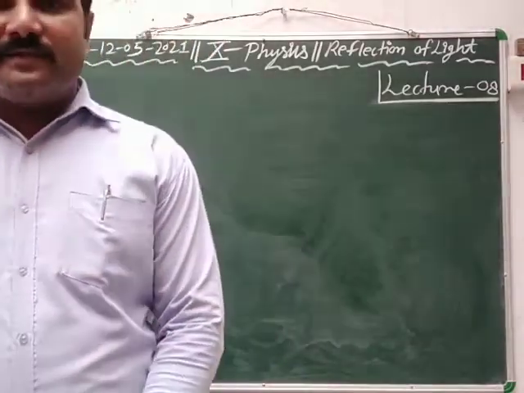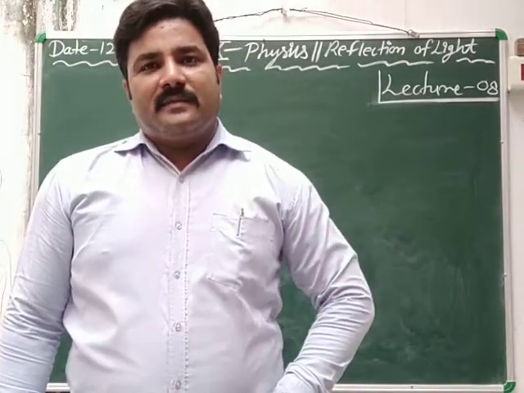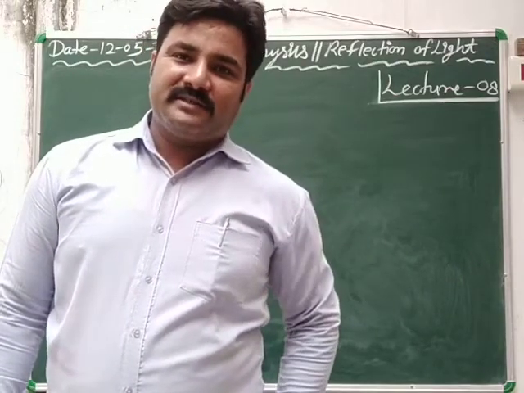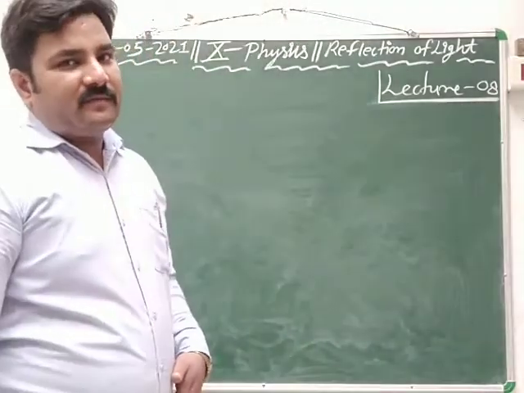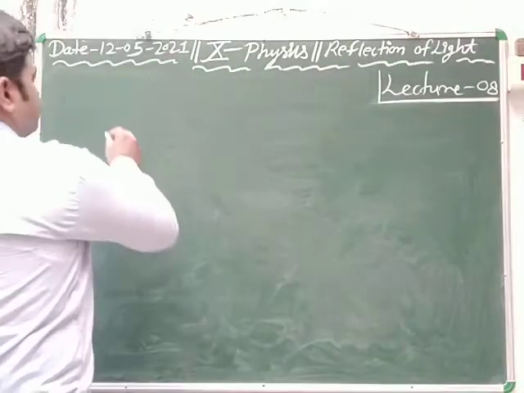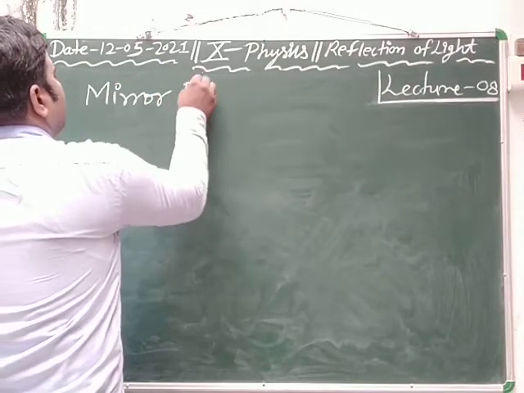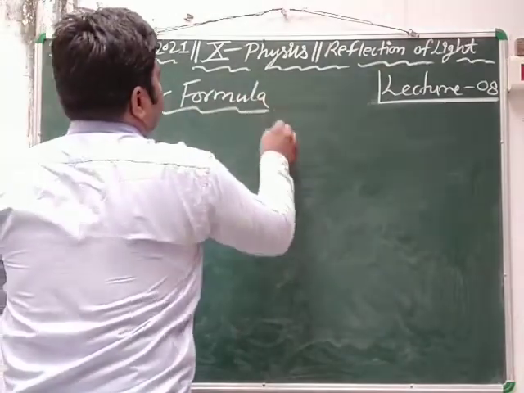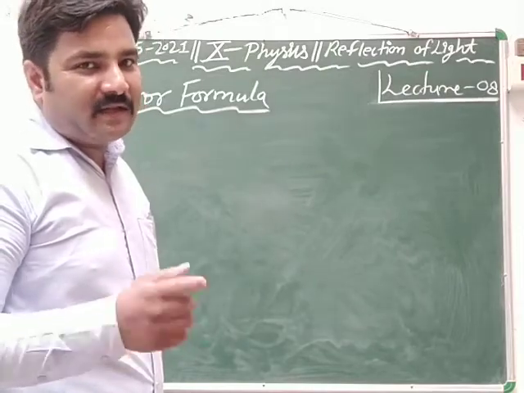After the image formation cases by concave mirror and convex mirror, the next most important thing related to the reflection of light chapter is what? That is the mirror formula. The mirror formula for focal length is the same for either convex mirror or concave mirror, no matter.